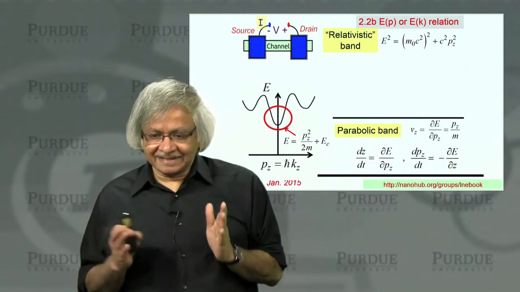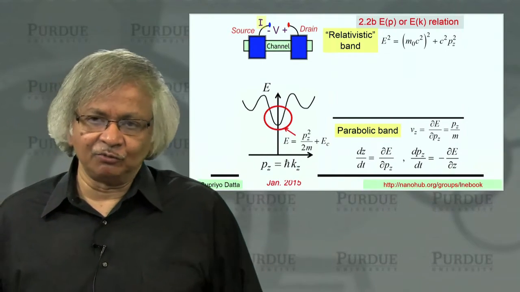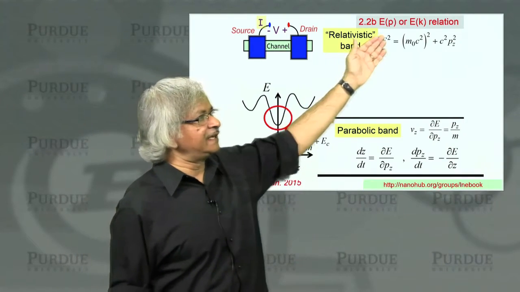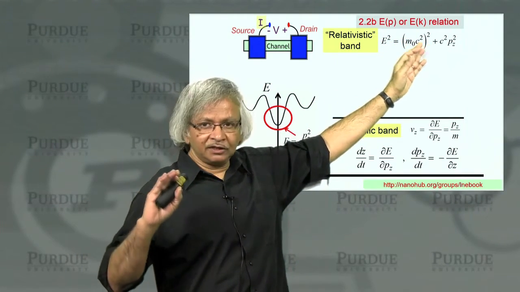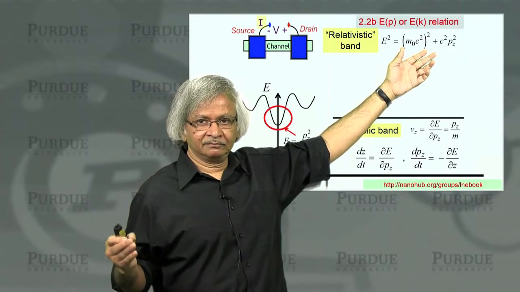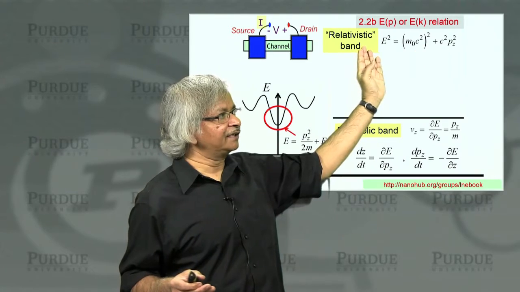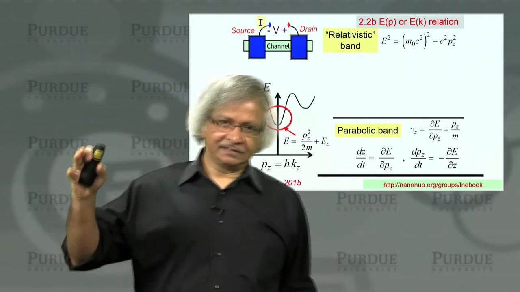Now, of course, in a solid, usually you don't have these relativistic speeds to worry about. But the point is, energy momentum relations could easily have this form. It only looks like this in form, but not in terms of the actual constants. That is, for the relativistic relation, that c is the velocity of light.